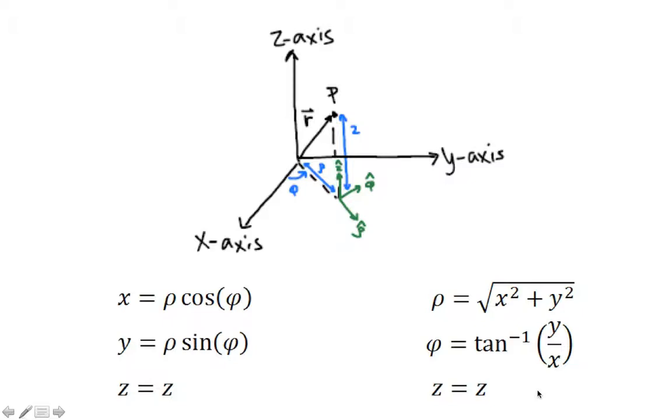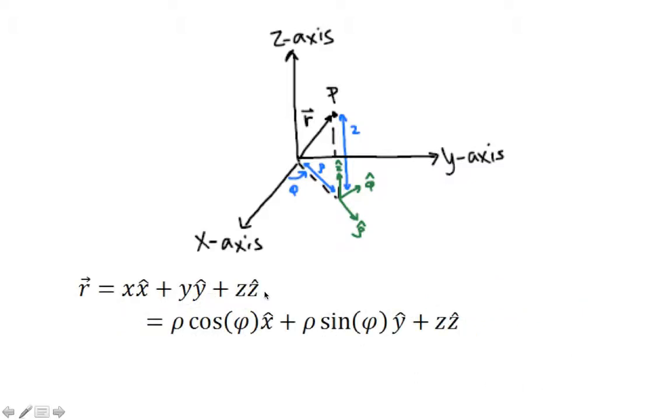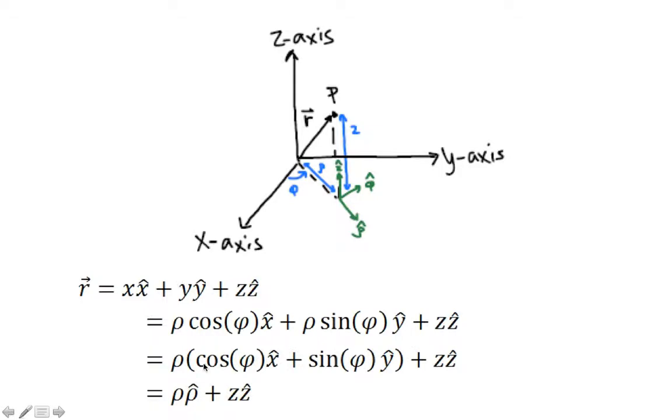To define the displacement vector, we're just going to take our Cartesian vector, x x hat plus y y hat plus z z hat, and we're going to plug in the x, y, and z coordinates. Collecting the terms, we can see that this cosine phi x hat plus sine phi y hat is really rho hat.